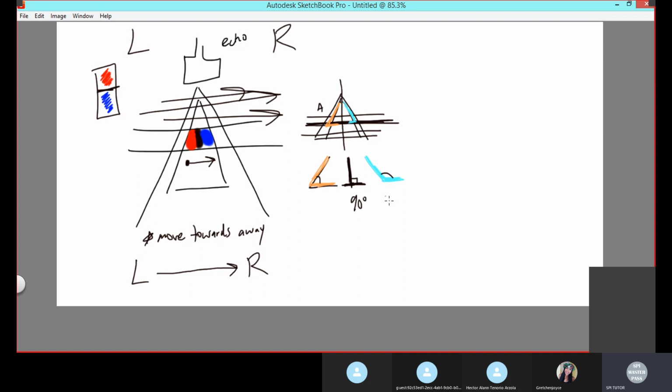And if you go back to the Doppler shift, 90 degrees has a cosine value of 0. So now in the Doppler shift, everything gets multiplied by 0. So your Doppler shift is 0, which means no Doppler shift, which means no color. So that's why in the center it's black.